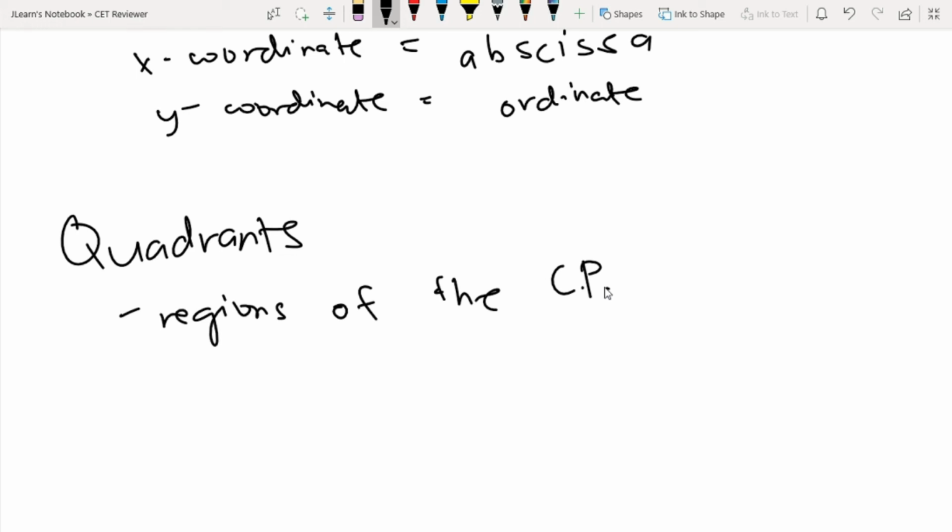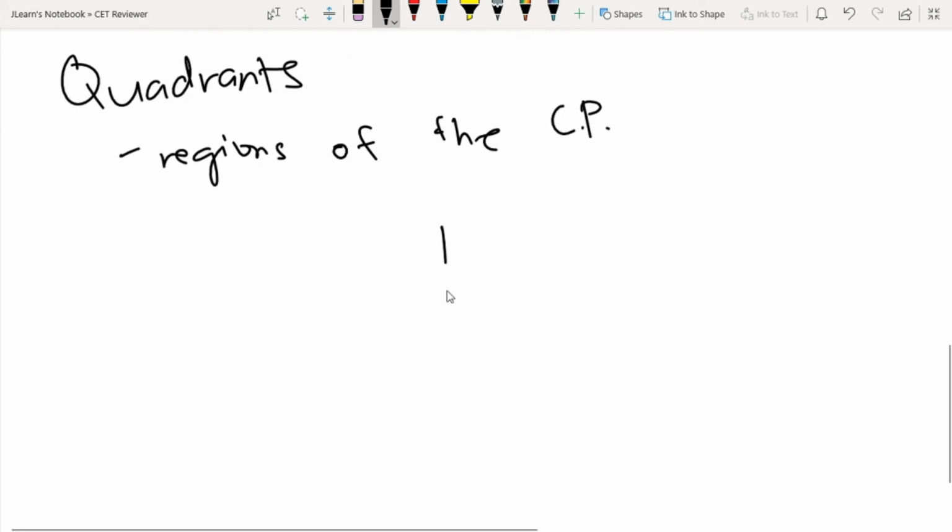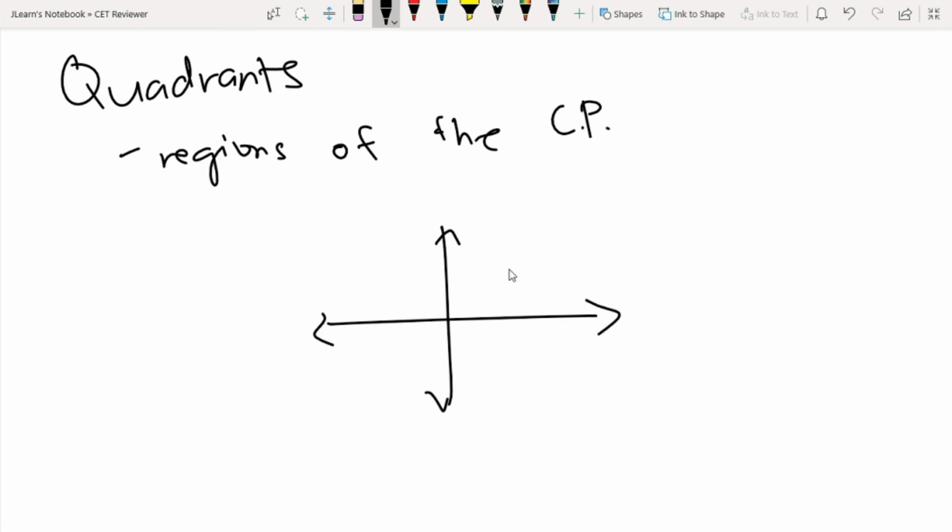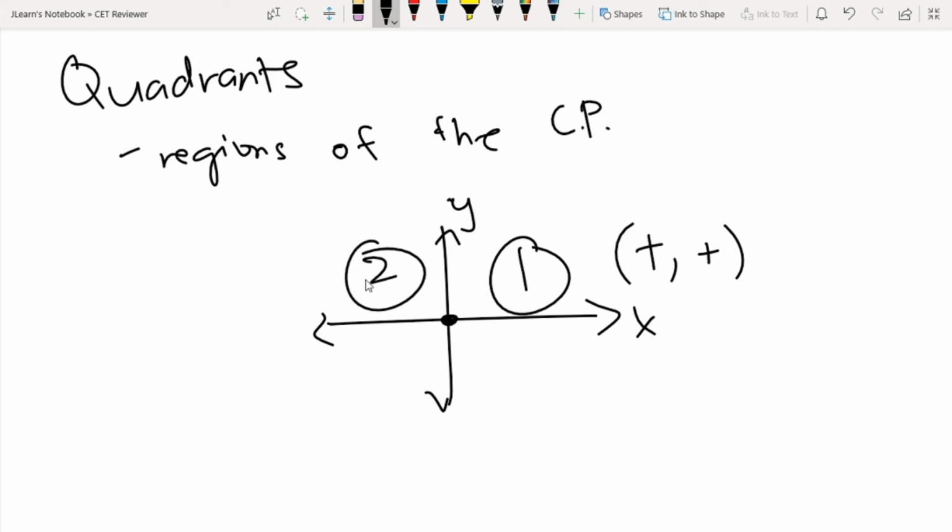So bakit natin siya linalagyan ng label? May special kasi sa kanila. So kung mapapansin nyo, kung gumawa tayo ng mini Cartesian plane dito sa region 1, lahat ng x and y values sa region 1 ay positive. Dito naman sa region 2, yung values ng x lahat ay negative and lahat ng values ng y ay positive.